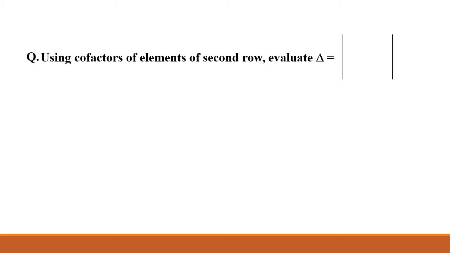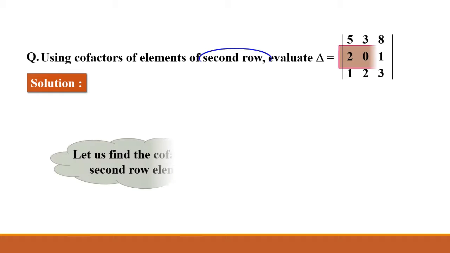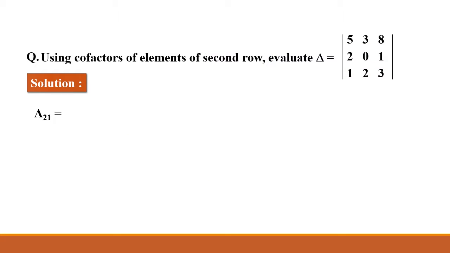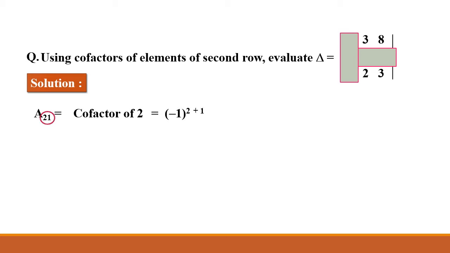So first question, using the cofactors of elements of the second row, evaluate the value of the determinant. Delta is equal to 5 3 8, 2 0 1, 1 3 2. Here we are using result 1 we studied earlier. So the cofactor A21 will be equal to minus 1 raised to 2 plus 1, 3 into 3, which is 9, minus 16. So we get plus 7.